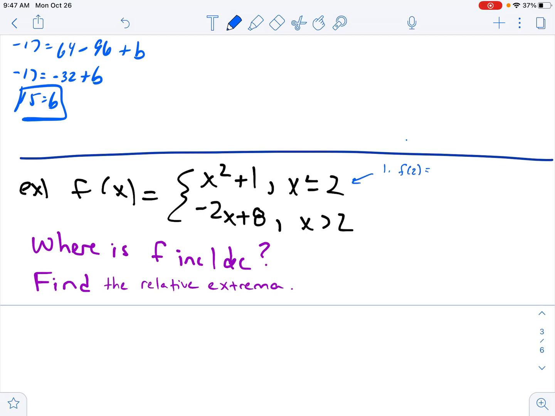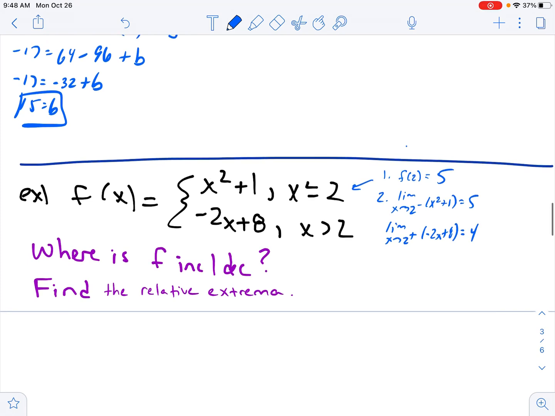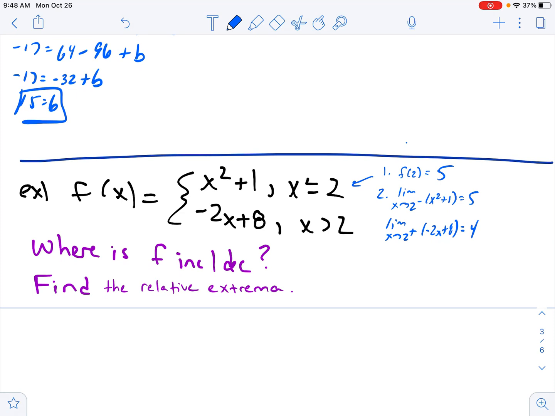And when I plug 2 in, 2 squared is 4 plus 1 is 5. The limit as x approaches 2 from the left is going to be using that piece as well. The limit as x approaches 2 from the right would use the bottom piece. Negative 4 plus 8 is 4, so the limit does not exist. So this is not continuous at 2.